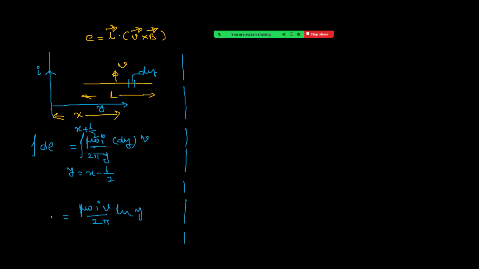So the EMF induced is equal to mu naught I v upon 2 pi ln, and with the upper limit x plus L by 2 upon x minus L by 2.